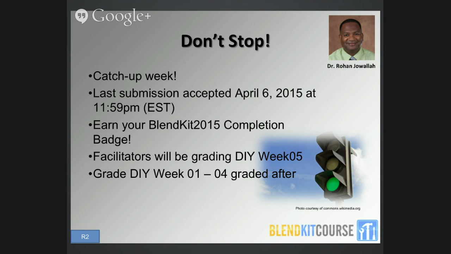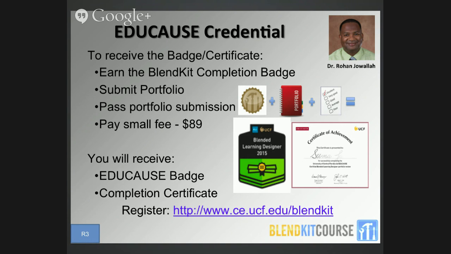I realize in the discussion area or the Q&A section, many individuals have been asking questions regarding the EduCourse credential. To receive a badge certificate, you will need to earn the BlendKit completion badge and also submit and pass the portfolio during the review process, and of course pay a small fee.